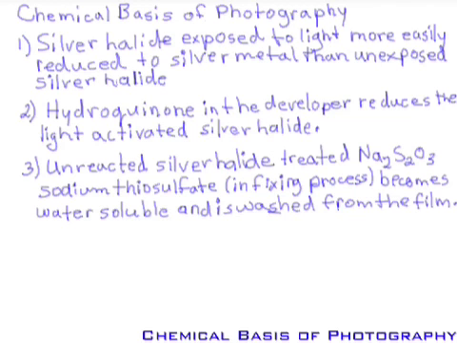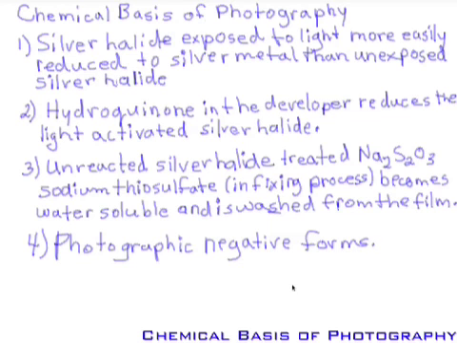On the bits of paper you have these specks of silver, and where the light didn't activate it, you get white areas. The result of this is what we call a photographic negative. All we have to do is repeat the process with the negative, basically take a picture of the negative to generate a photographic positive.